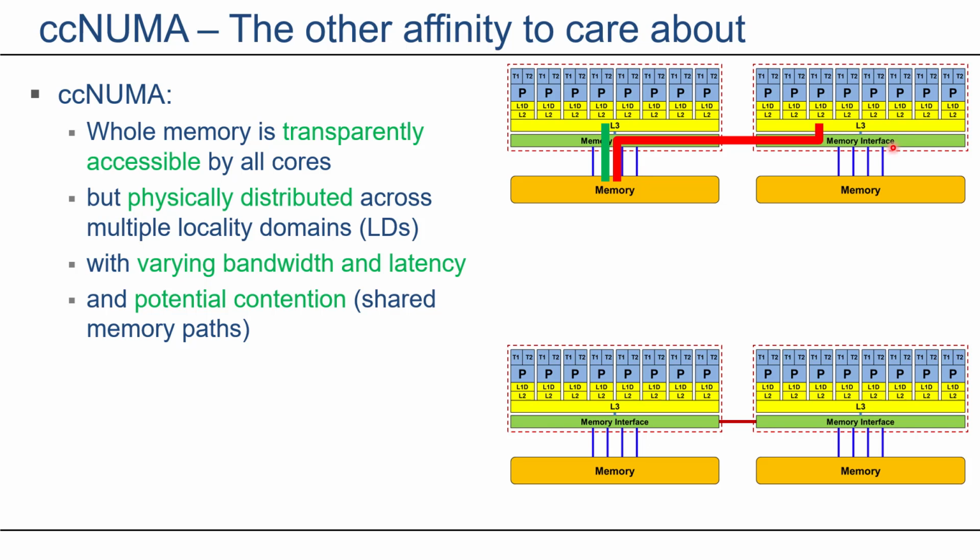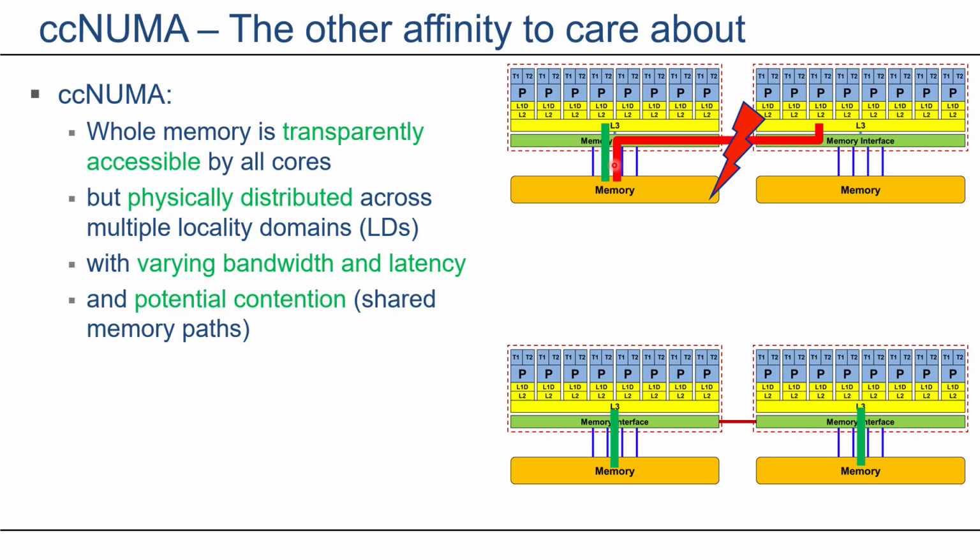However, if somebody from the right locality domain wants to access the left memory and somebody from the left domain also wants to access the left memory, the problem is, of course, aggravated. So this contention problem comes on top of the non-locality problem in ccNUMA systems. These are situations we like to avoid.